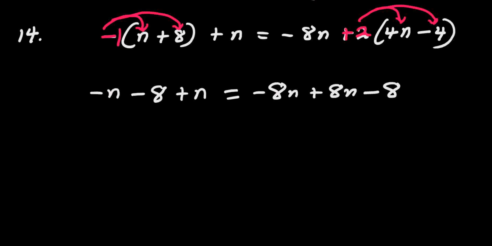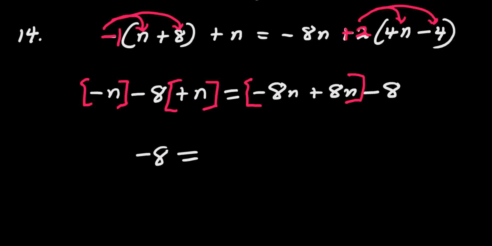So now we can combine like terms. Negative n and positive n on the left side: negative n plus n is 0. So we have negative 8 only on the left side.